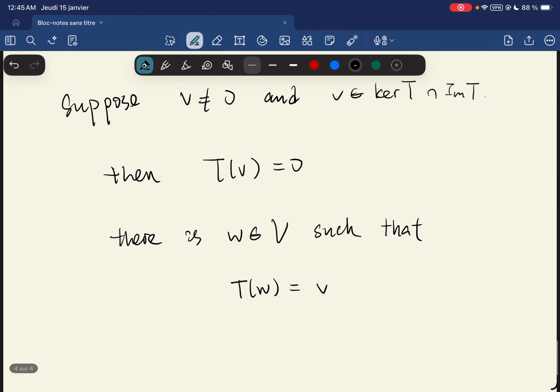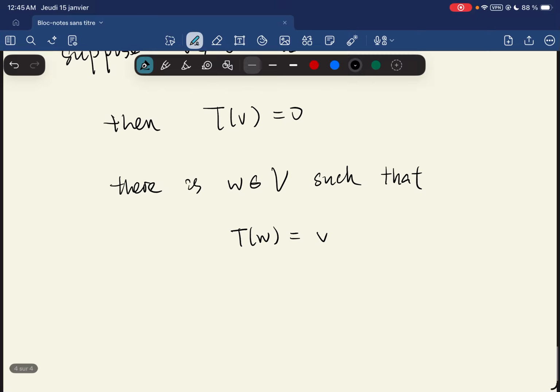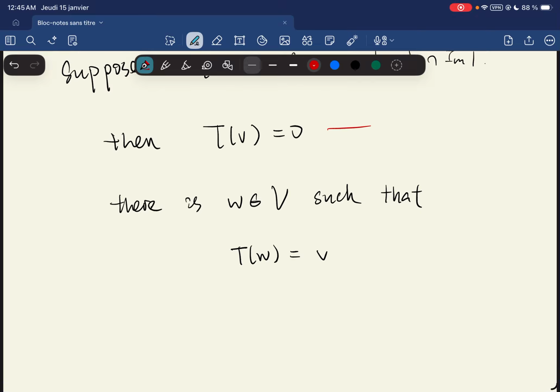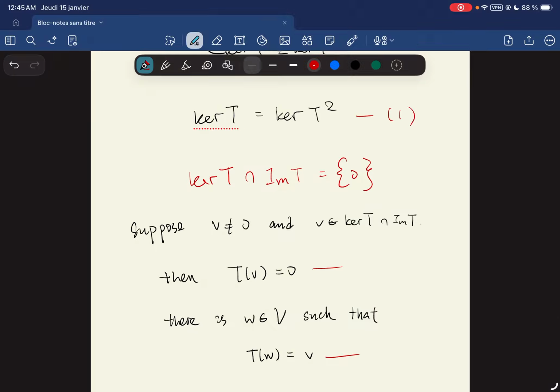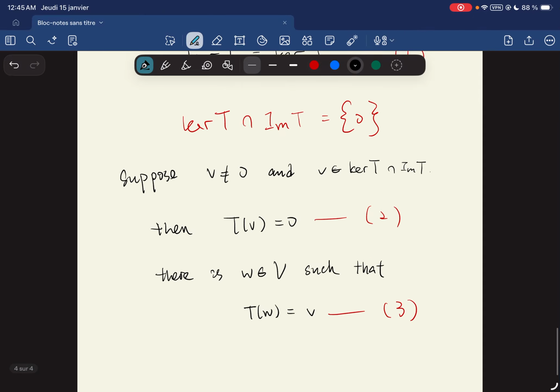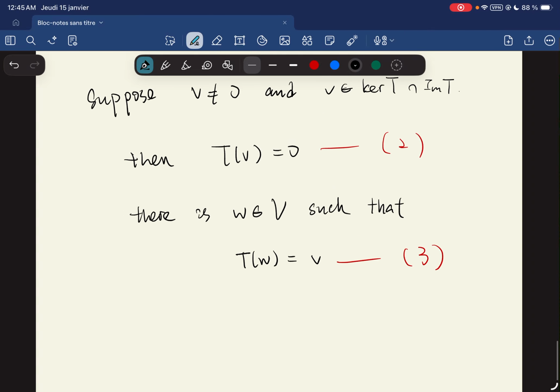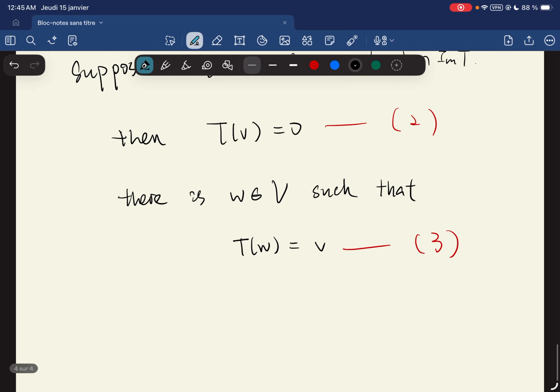Right? This is the definition of image. So we have to use these two facts with the kernel of T being equal to the kernel of T squared to try to reach some kind of contradiction. So, you might ask, what can I do? I don't know. Well, how do I know? It's by trial and error.